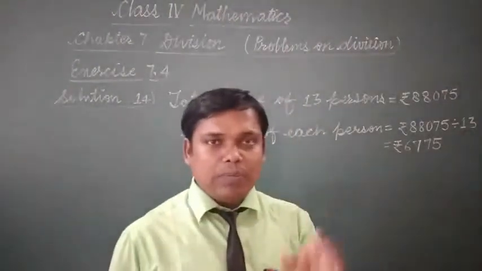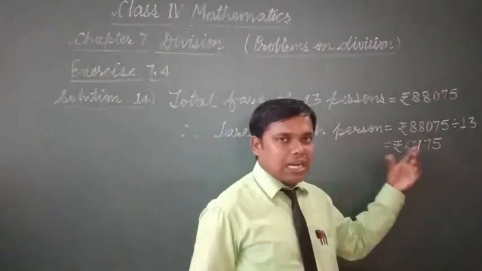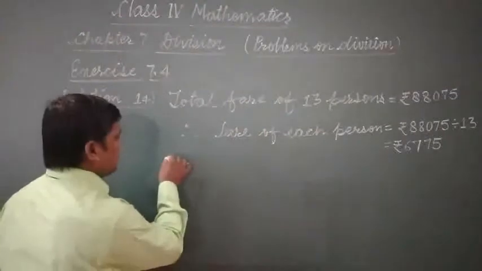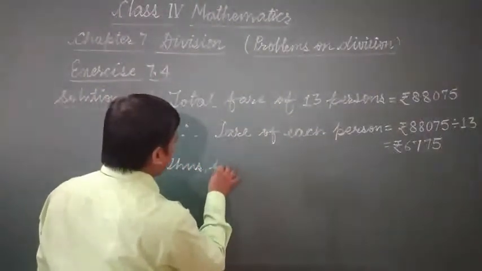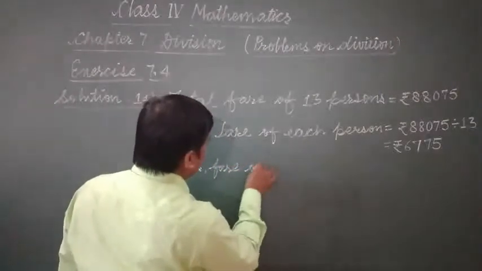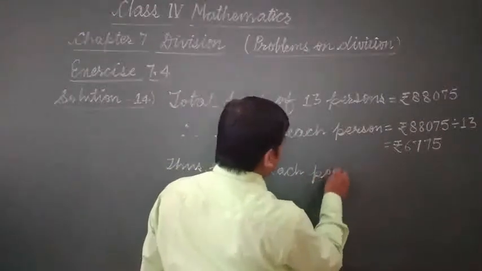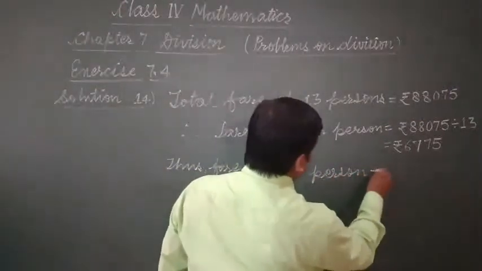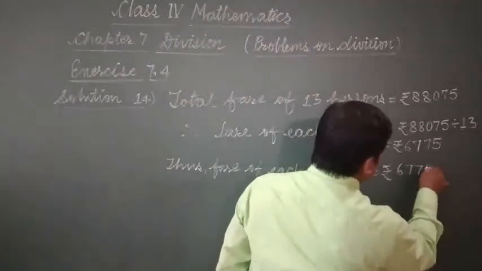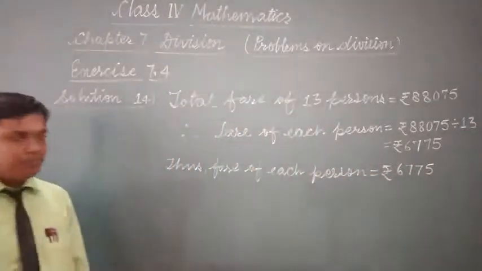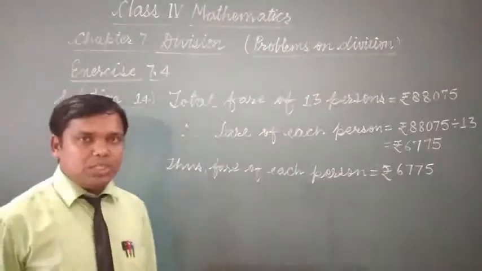When you solve, you will divide on the same page to get this answer, and at last you can write the fare of each person is equal to rupees 6,775. I hope you understood this solution.